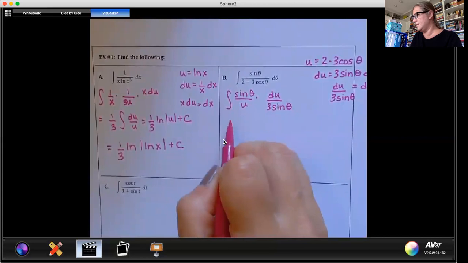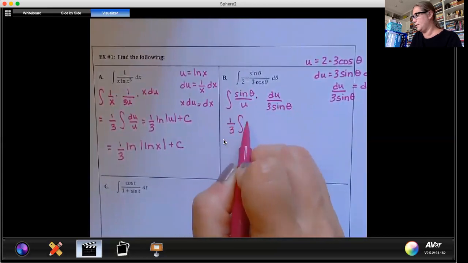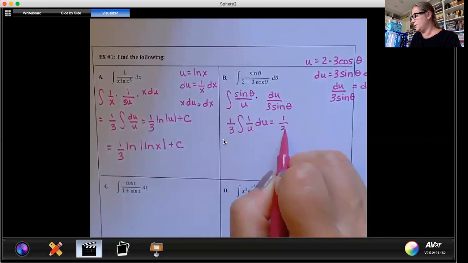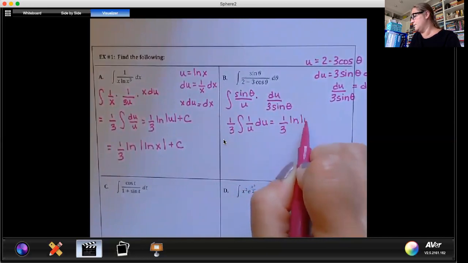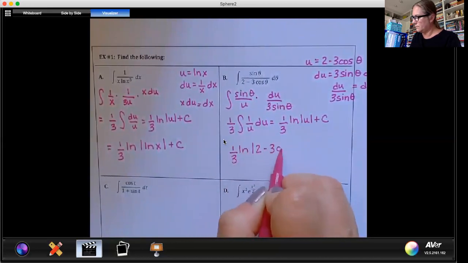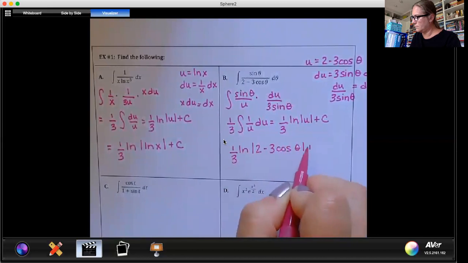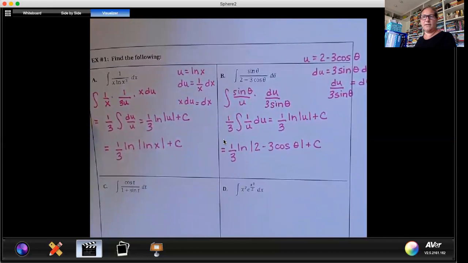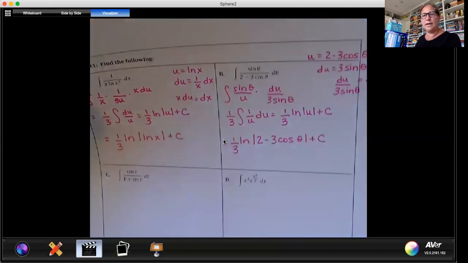Cancel your sine thetas. 1/3 antiderivative 1 over u du is 1/3 ln absolute value of u plus c. Plug in u, and you have your answer. Feel free at any time to pause the video, try some on your own, and then come back and check your answers.